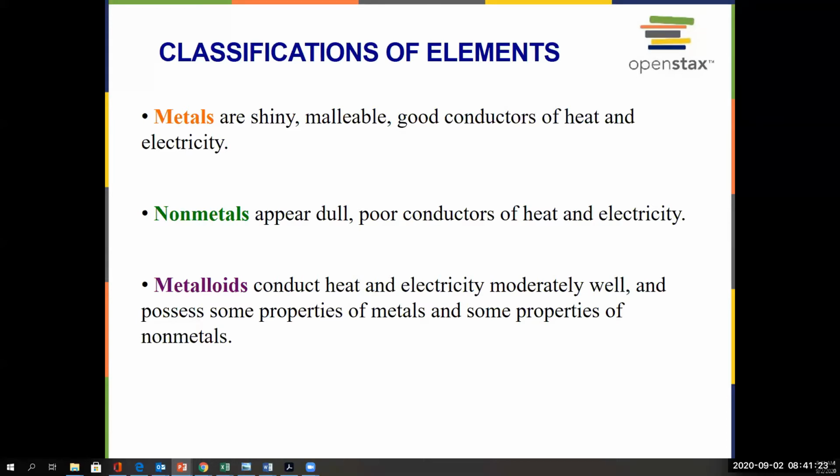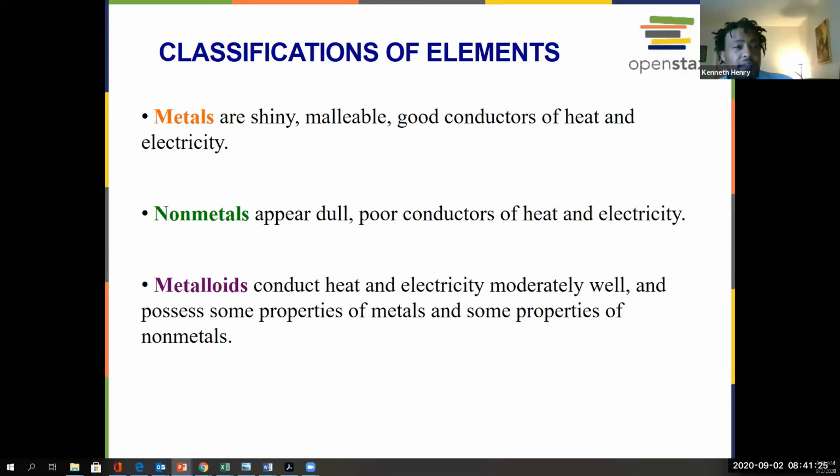Okay, so metalloids have properties of both metals and non-metals. They do conduct heat and electricity fairly well, not as good as metals do, but still fairly well. They have properties of both characteristics.